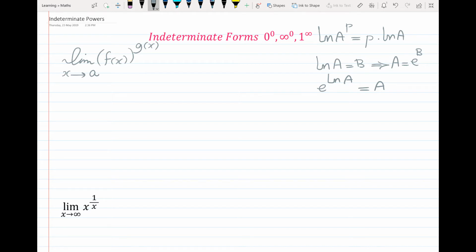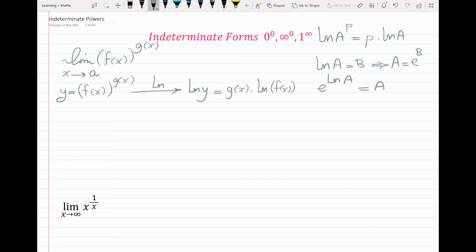Let's see how we can find these types of limits. The first step is to name the expression in front of the limit something like y. So we name f of x to the power of g of x as y. Then we take ln from both sides of this relation, and we get ln of y equals g of x times ln of f of x.